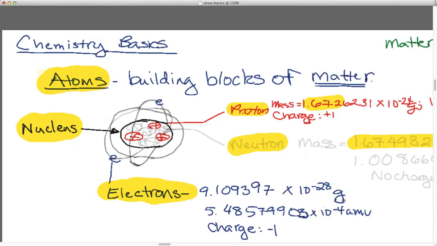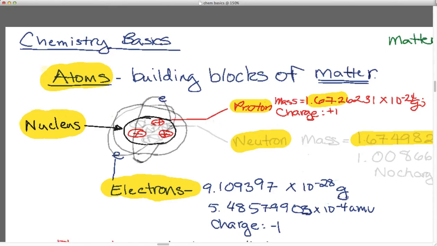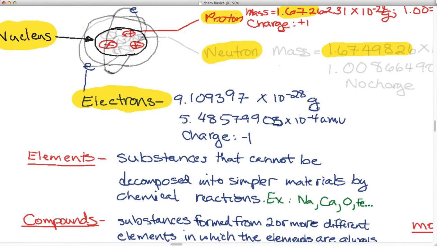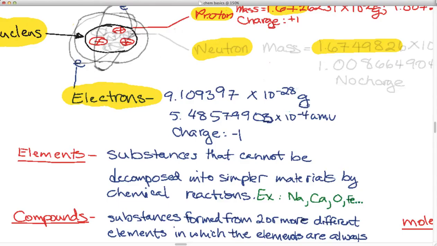So these atoms themselves form what are called elements. Okay, elements are substances that cannot be decomposed any further into anything simpler by chemical reactions. All the atoms have the same atomic number.